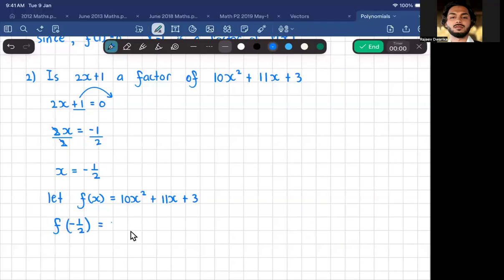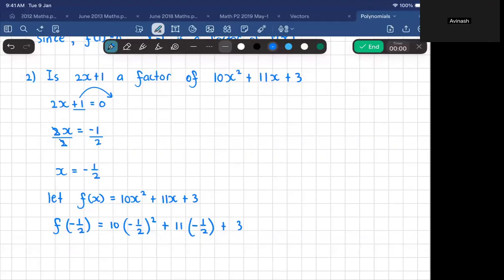We're going to put 10 open bracket minus a half squared, then plus 11 by minus a half, plus 3. Avinash, do you understand everything I did so far? Yes, I understand that one. Okay, what's confusing here?